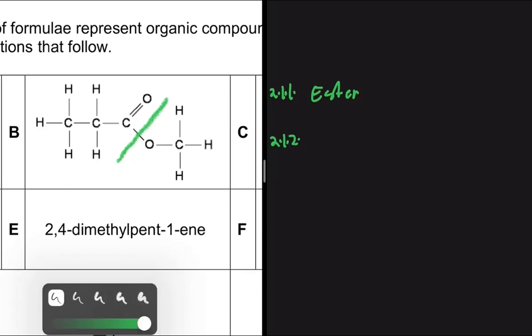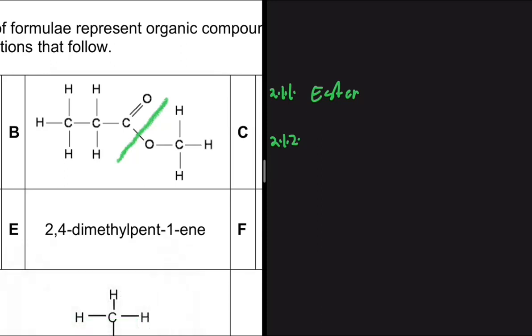The part of the structure that has the oxygen with the single bond is coming from the alcohol. And the part that has the oxygen with a double bond is coming from the acid, because we know that in order to form an ester you need an alcohol and an acid in the presence of H2SO4.